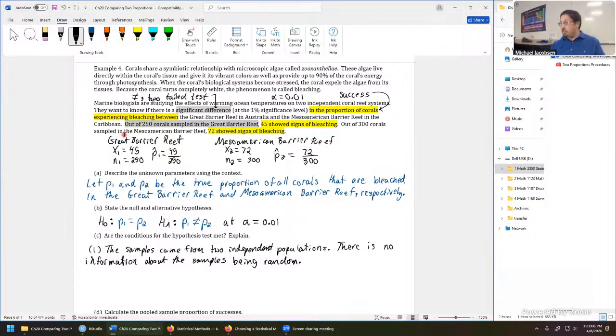These data don't meet the condition. But with the very limited context we were given, we don't know how they got that sample. It might have been random, it might have been representative, it might not have been. We'll just state what we know, and what we know is no information given whatsoever. Kind of frustrating sometimes when these problems don't say much about the sampling design. Any questions with that first part of the conditions?